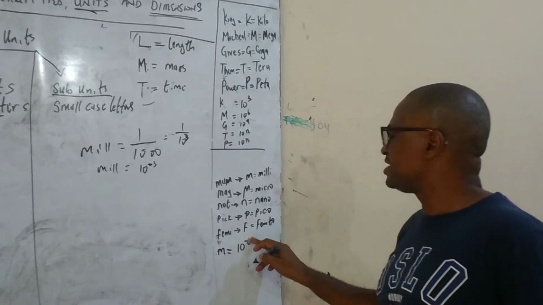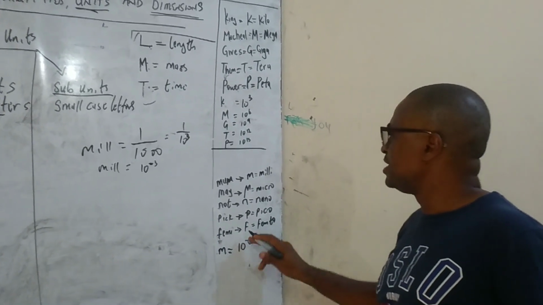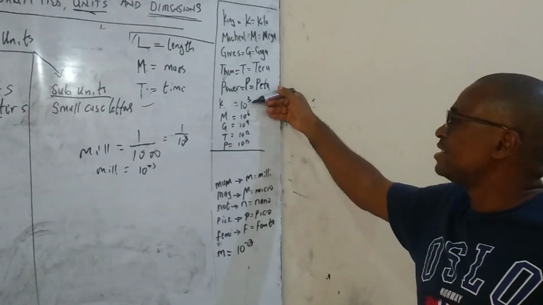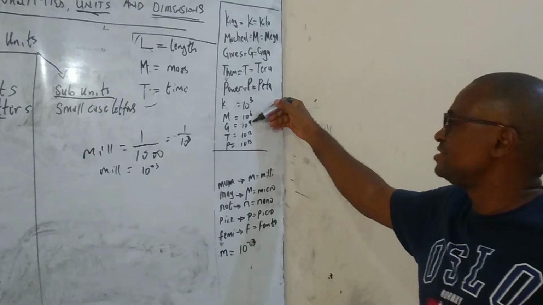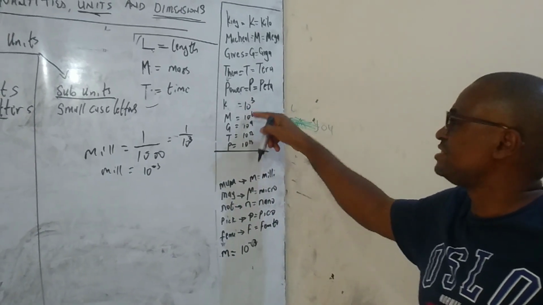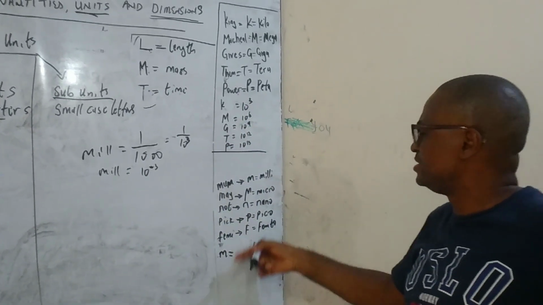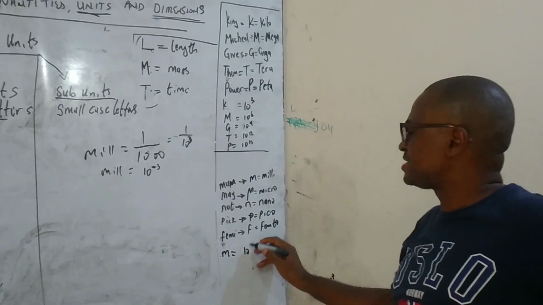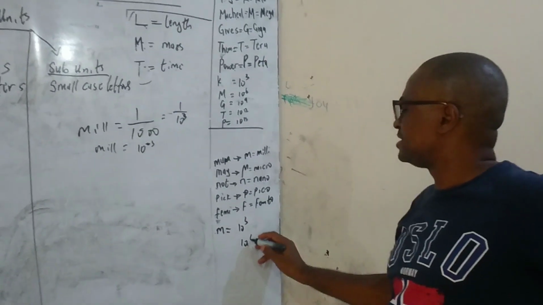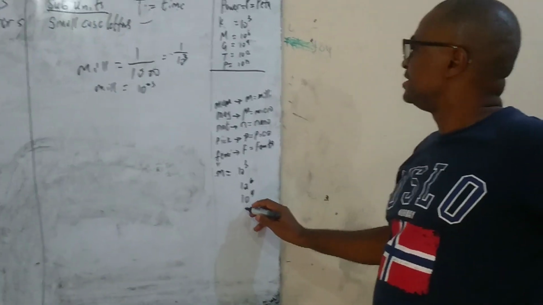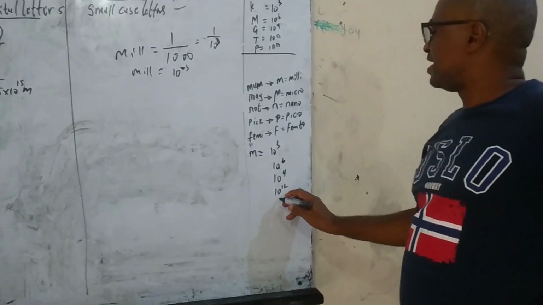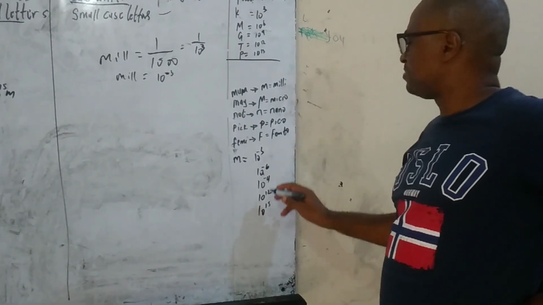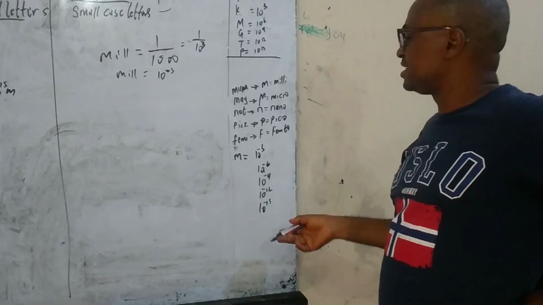So we start with letter M for milli, 10 raised to power minus 3. To make it faster, what I will just do is to put the powers of the superscripts, that is 3, 6, 9, 12, 15, and just put a negative sign on each power. So let me list this standard out. I write 10 raised to power 3, 10 raised to power 6, 10 raised to power 9, 10 raised to power 12, 10 raised to power 15. Just put minus with each of the powers.